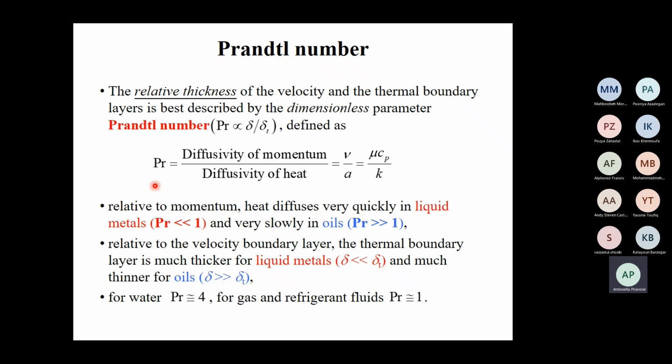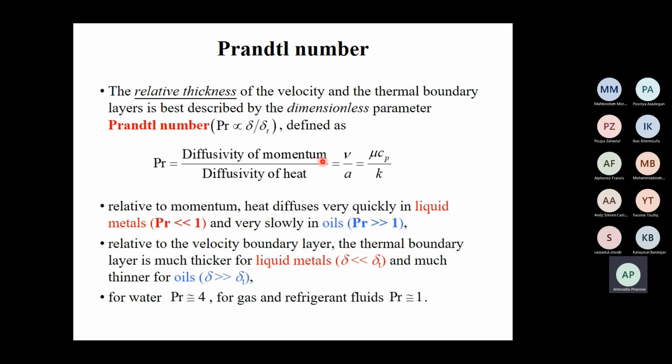In a table, you find for water the Prandtl number, for another fluid another Prandtl number, because it depends on the fluid. And again, it gives us information about the relationship between the behavior of a fluid from the fluid dynamic point of view and the behavior of a fluid from the thermal point of view. In particular, it can be seen as the ratio between the diffusivity of momentum and the diffusivity of heat.